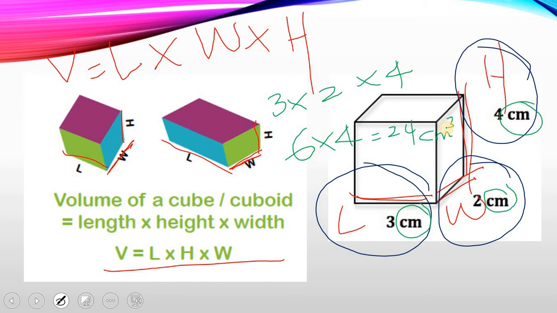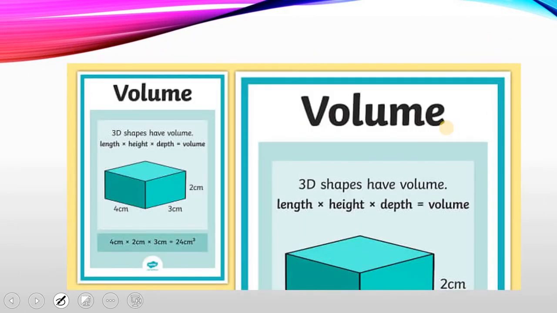Contoh. Okay, contoh. So here volume. Macam cikgu cakap tadi, the formula of volume we have length times height times depth ataupun width. So sama juga panjang darab lebar darab dengan tinggi. So for example here, okay, this is the same.